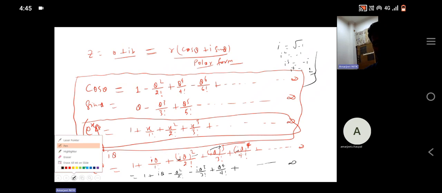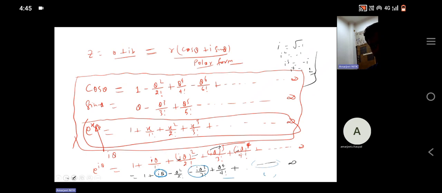Now what you see here? These terms contain iota, this term contains iota, and here also many terms will contain iota. So you collect all the terms containing iota at one place and the terms independent of iota at another place.